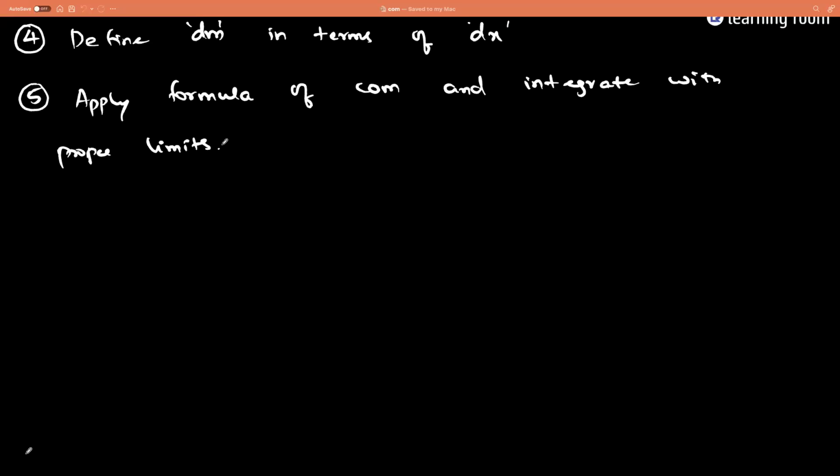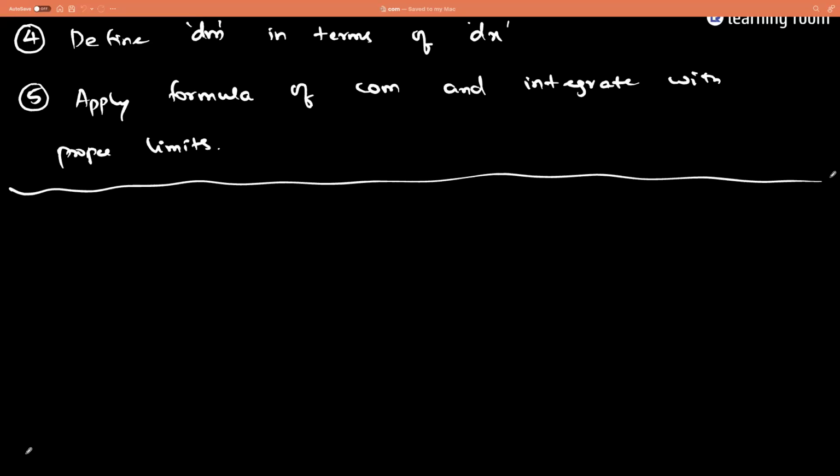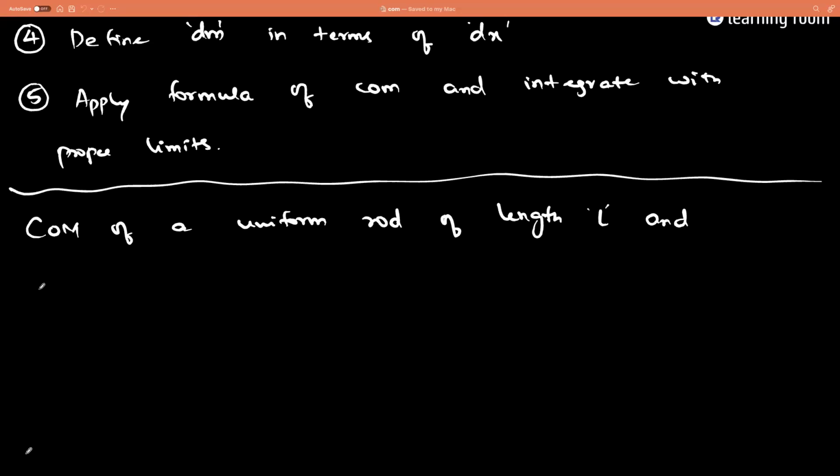Now, I'm going to show you how to apply this. We will find the center of mass of a uniform rod of length L and negligible thickness.